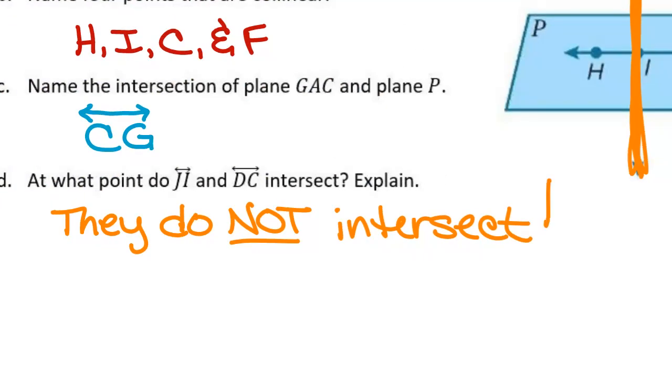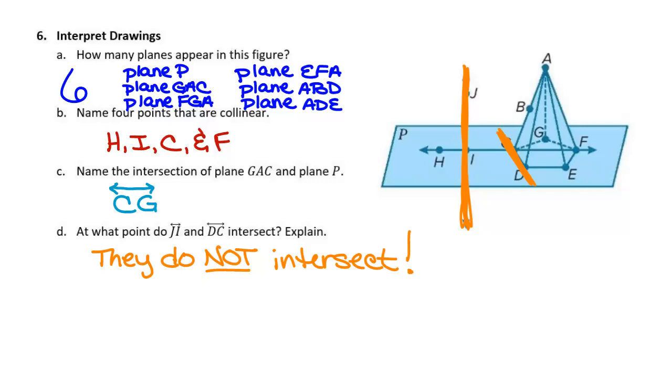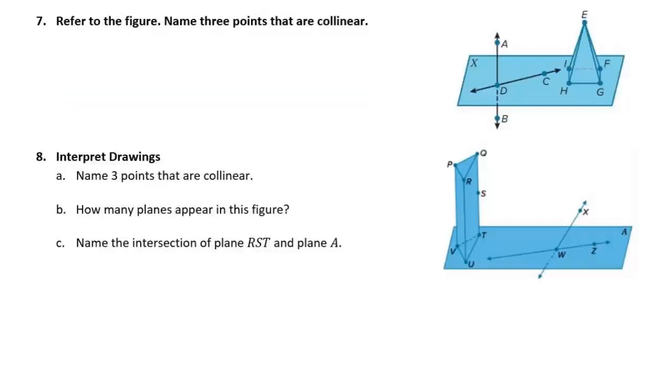Very nicely done. All right, let's flip over to page 4 now. Refer to the figure. Name 3 points that are collinear. There's only one spot in the picture where we have 3 points all in a line together. What are those 3 points?